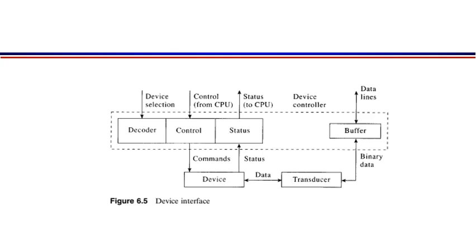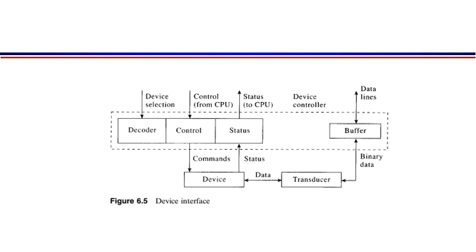In between the device and buffer there is a transducer, which will be used to translate data into its particular format. If data is being transferred to the system via an input device, this transducer will translate that input data into binary form.